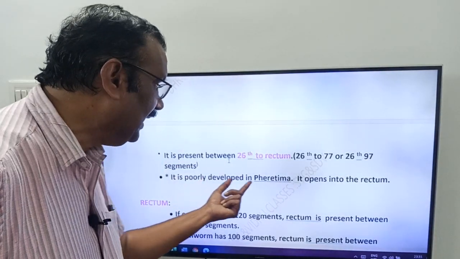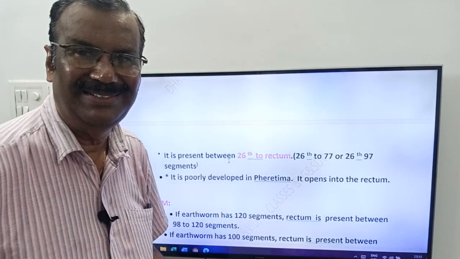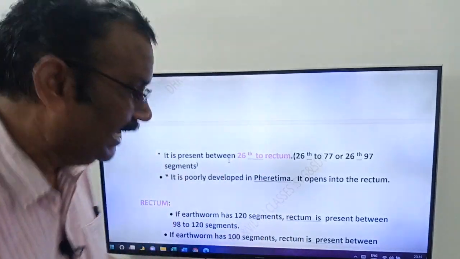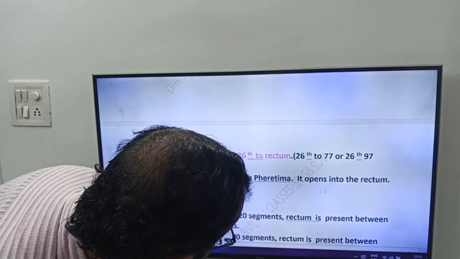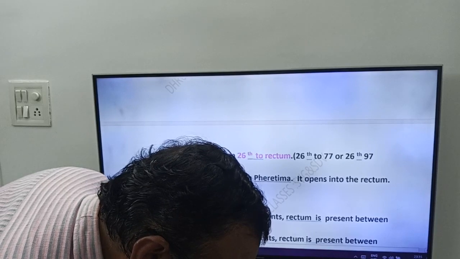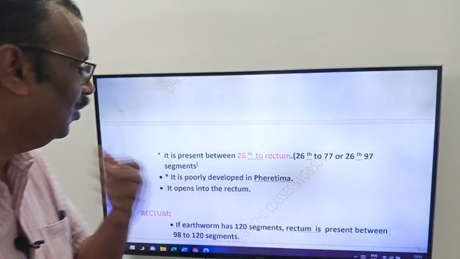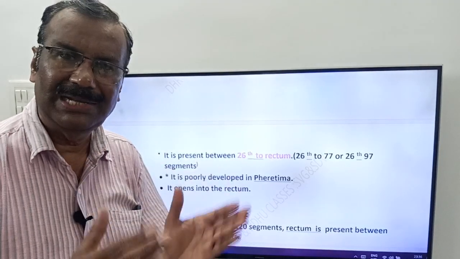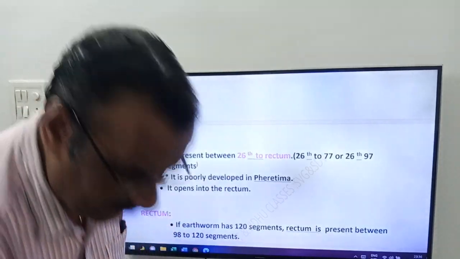It is poorly developed in Pheretima. It is poorly developed in Pheretima. Next, friends, this small intestine opens into the rectum or large intestine. Small intestine opens into the rectum or large intestine.